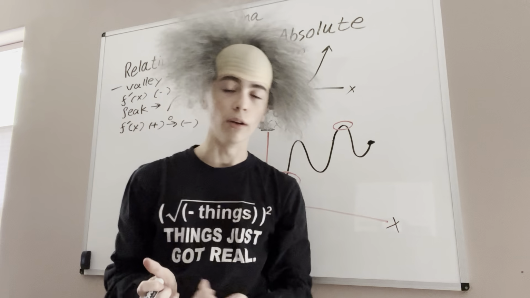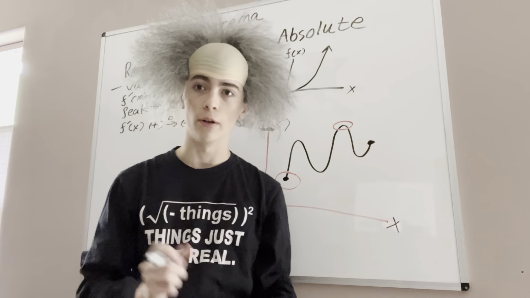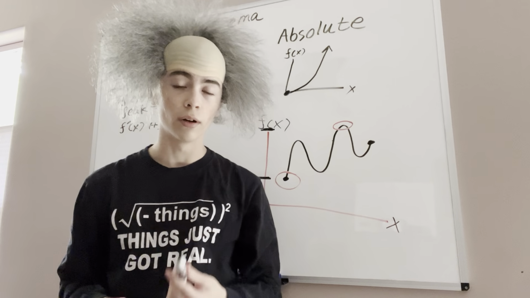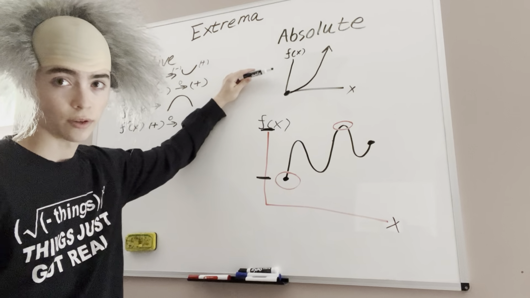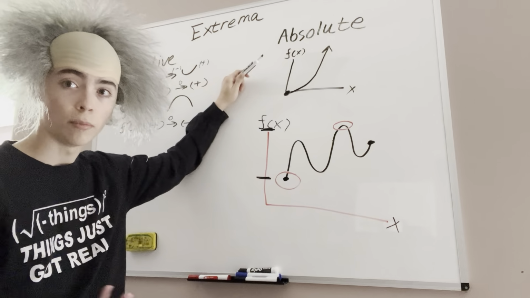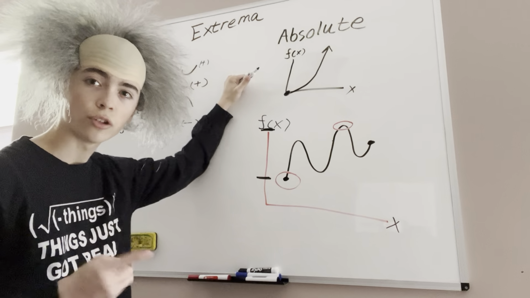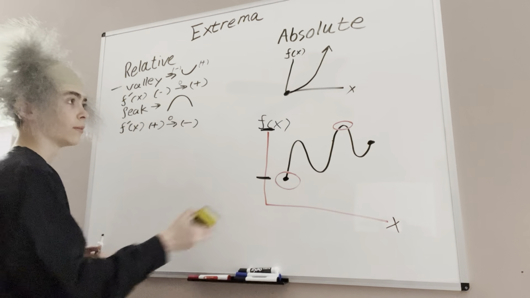Now in calculus, we deal with infinitesimals, infinity, all that stuff, infinitely small and large. Functions that go off to infinity in a direction are not going to have an absolute extrema in that direction. For example, this f of x function is not going to have an absolute maximum, an absolute highest value for this function, because it really just goes off to infinity forever, never ends, right?